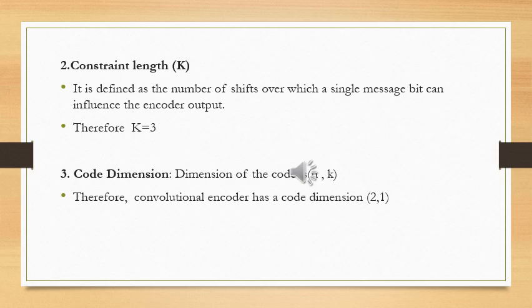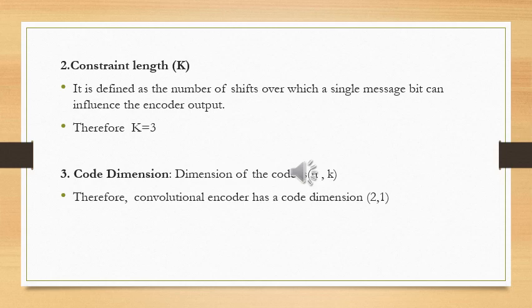That is, first shift, the message bit is entered in position M. Second shift, the message bit is shifted to position M1. Third shift, the message bit is shifted to position M2. And at the fourth shift, the message bit is discarded or simply lost.